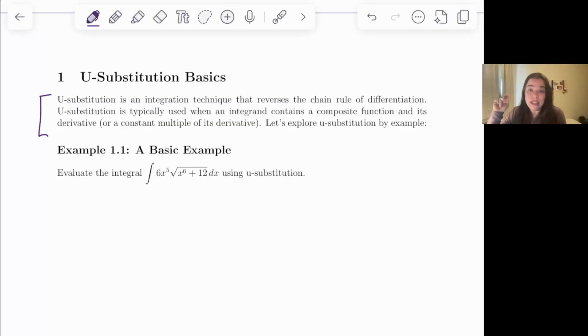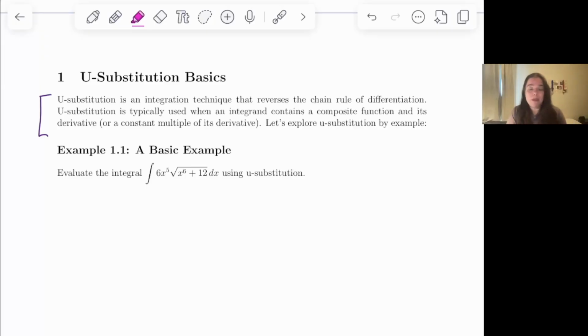U-substitution is typically used when the integrand, remember the integrand is what's inside this integral sign, contains a composite function and its derivative, or a constant multiple of its derivative. I'll get into more what this sentence means. This is how to choose when to use U-substitution, and we'll get into that as we proceed.